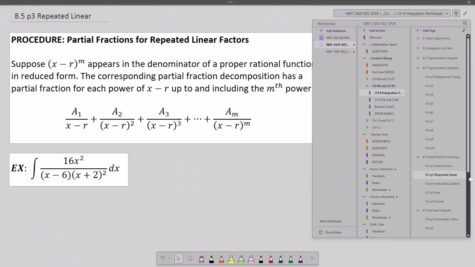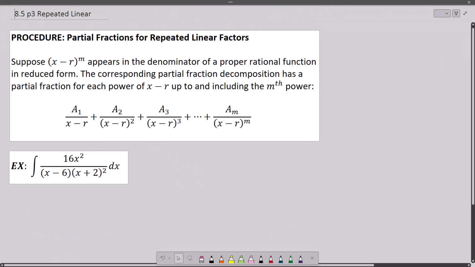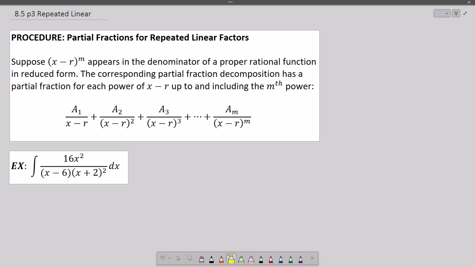So, the next step up is this, where we have a factorization that includes a repeated linear factor.